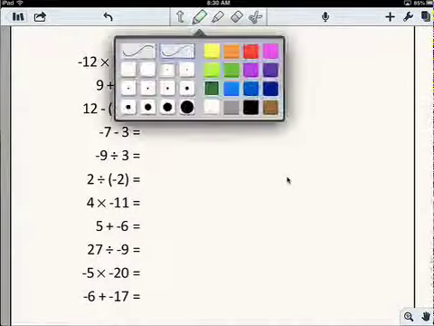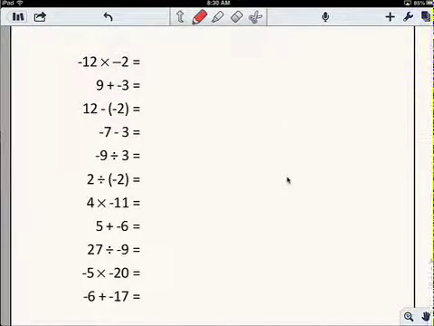Hopefully try these in your mind. I'm going to pause for just a second or two after I do each one so you can try to think of it yourself. -12 times -2. Well, it's a negative times a negative, so that's going to be a positive. 12 times 2 is 24.